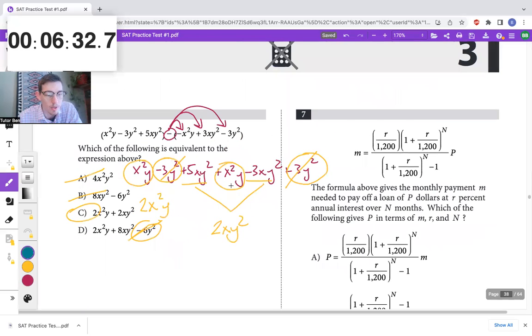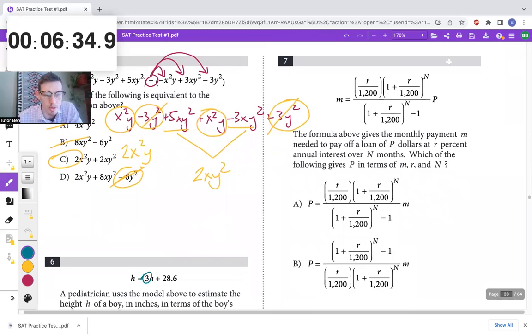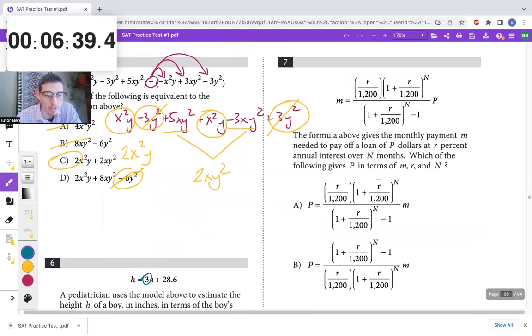Okay. Number 7, this looks pretty big and complicated, but I'm just going to read for the information and see if I can make sense out of this. So the formula above gives the monthly payment M needed to pay off a loan of P dollars at R% annual interest over N months.